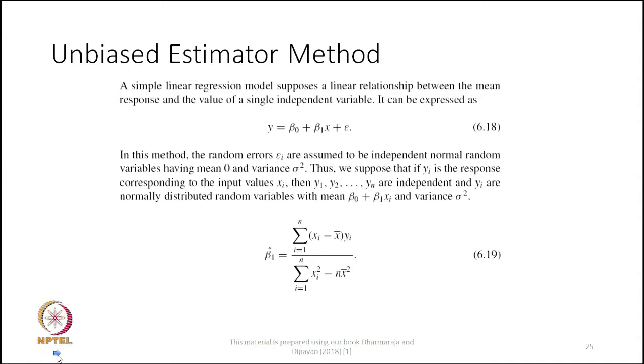And here we are making one more assumption: the random errors have mean 0 and variance sigma square. Therefore, if you assume yi is the response corresponding to the input variable xi, then the n data are independent, and each yi is also normally distributed with mean beta naught plus beta 1 xi and variance sigma square.